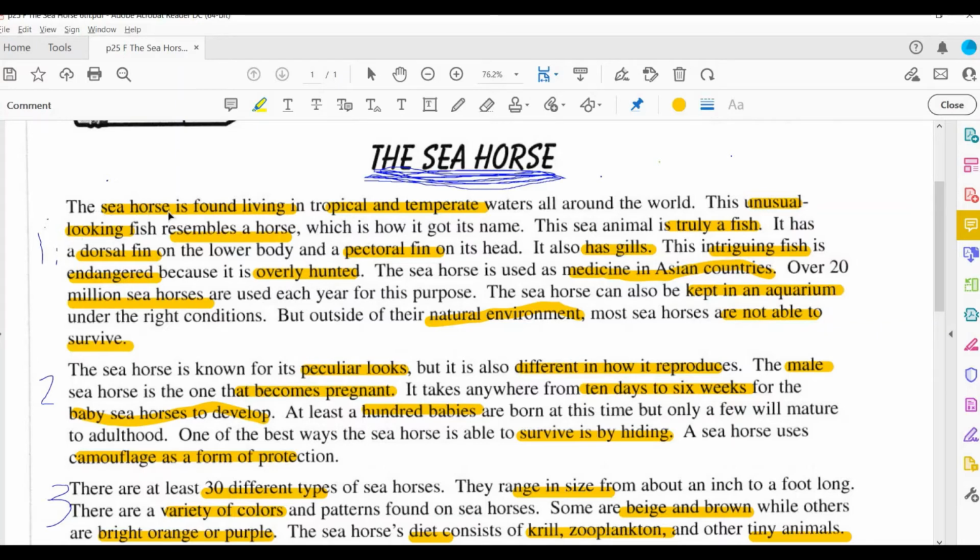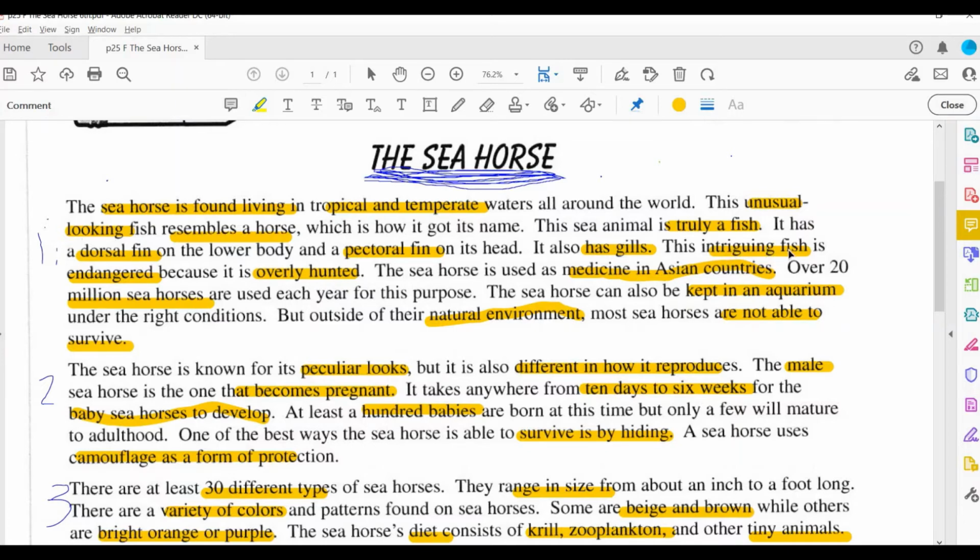And the first paragraph tells you that they're found living in tropical and temperate waters all around the world. And it tells you the unusual looking fish resembles a horse, which is how it got its name. It has a dorsal fin on the lower part of the body and a pectoral fin on its head. It also has gills. This intriguing fish is endangered because it is overly hunted.